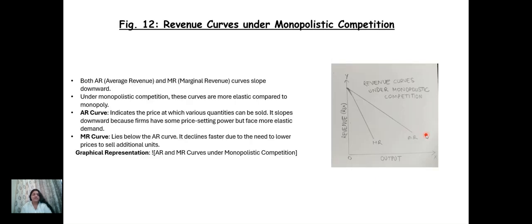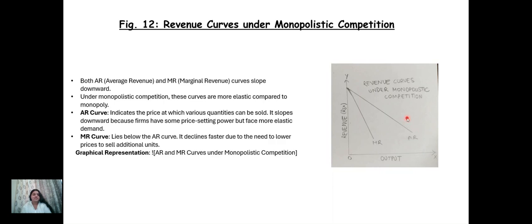These curves are similar in monopolistic competition. This explains the curves under monopolistic competition, indicating the price at which various quantities can be sold. It slopes downwards because firms have some price setting power but face more elastic demand.